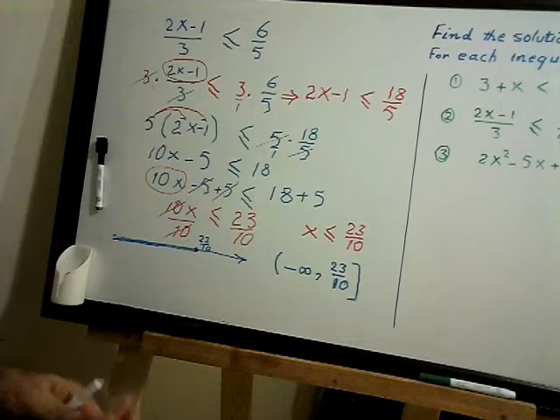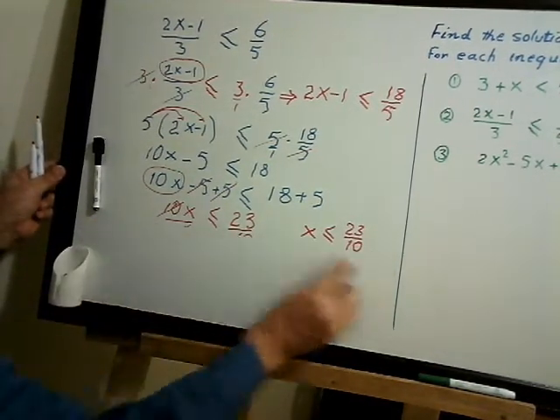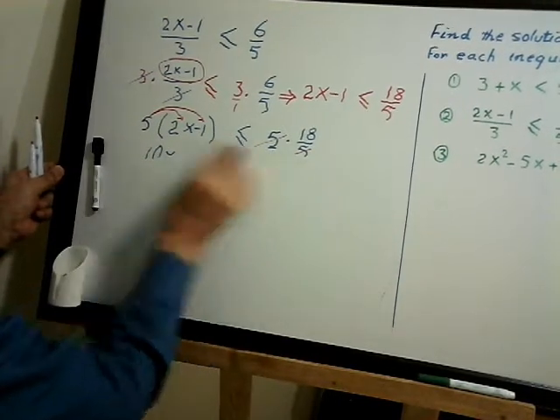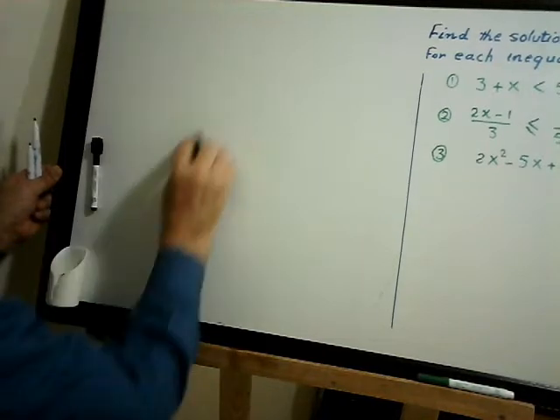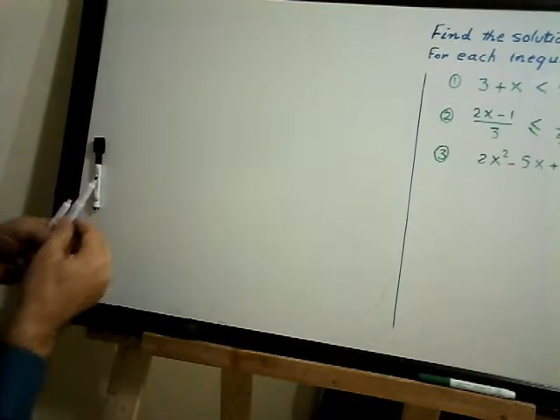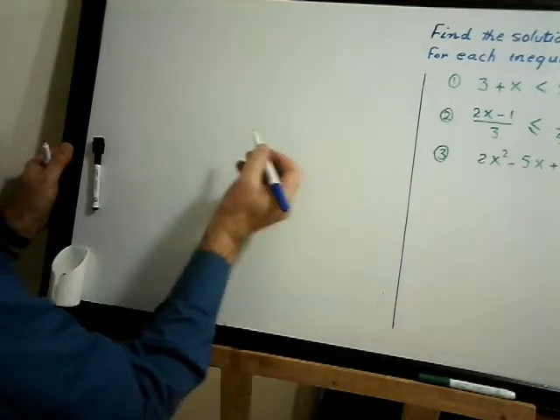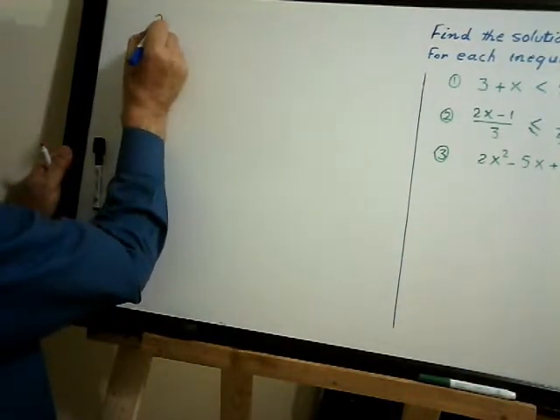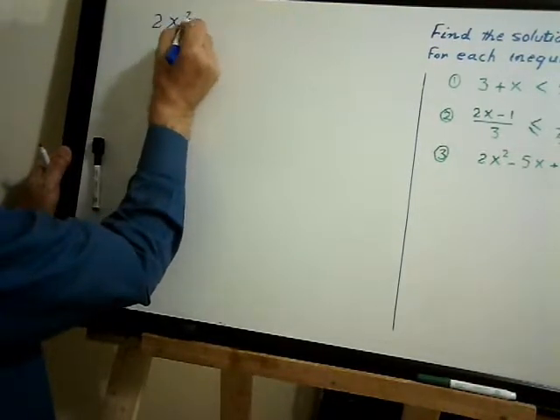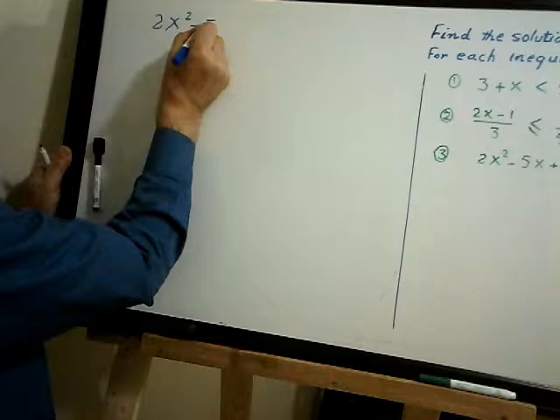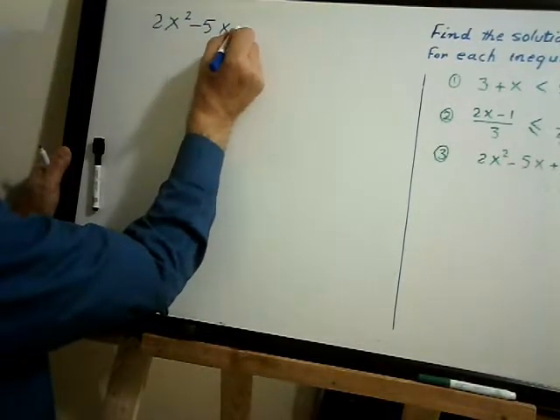Let us see the third inequality. The third inequality is of the second degree. For the second degree, we consider the equation first, which is equivalent to this inequality.